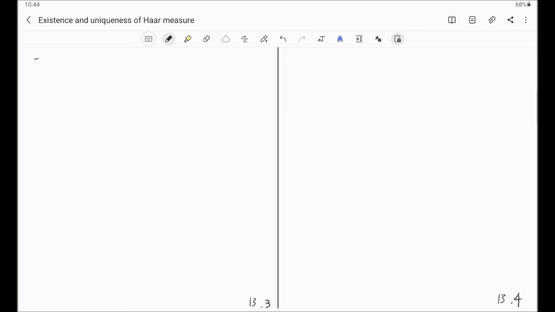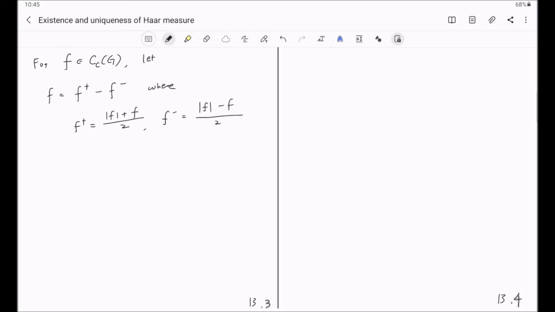Now for any function f in C_c(G), where this f is not necessarily positive, we let f be equal to f plus minus f minus, where f plus is defined to be (the absolute value of f plus f) divided by 2, and f minus is defined to be (the absolute value of f minus f) divided by 2.